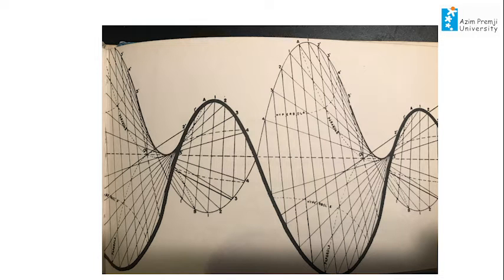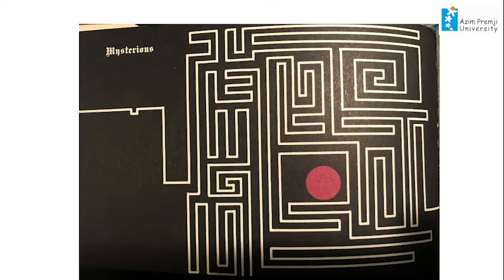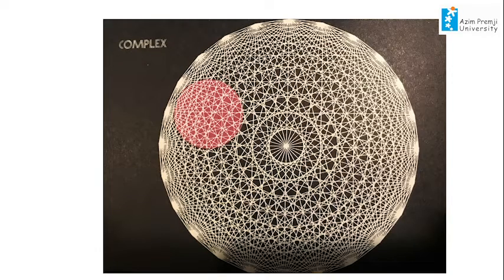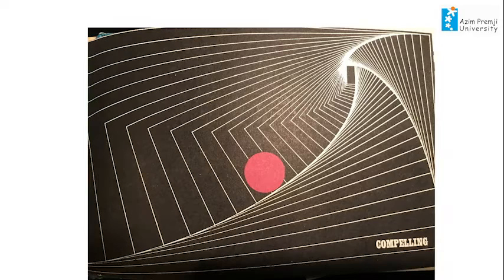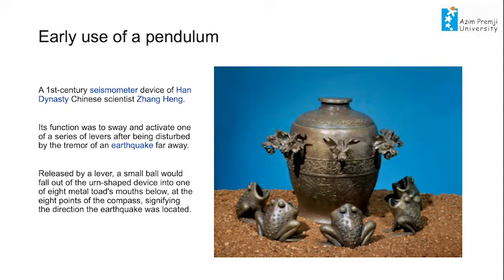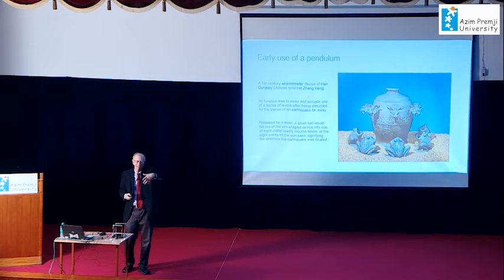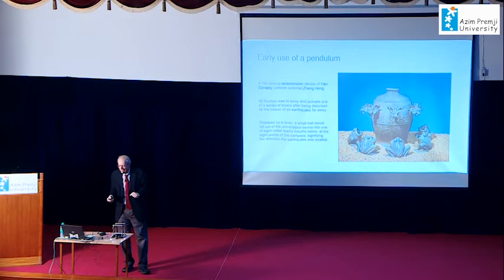I can be dazzling, and the dot, you can see, is impressed. I can be mysterious. I can be complex. I can be profound. I can be compelling. And so the dot now falls in love with the line and says the squiggle is so nothing. The squiggle can't do anything special.